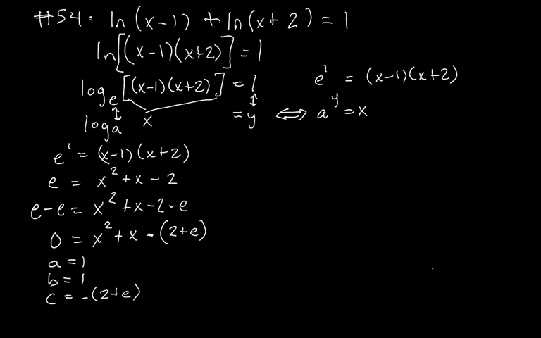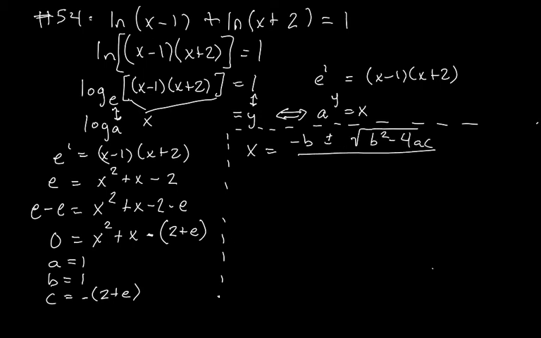Okay. So that's a little crazy looking, but again, we have x is, probably should block this off, negative b plus or minus the square root of b squared minus 4ac all over 2a. So we just want to substitute in those values.